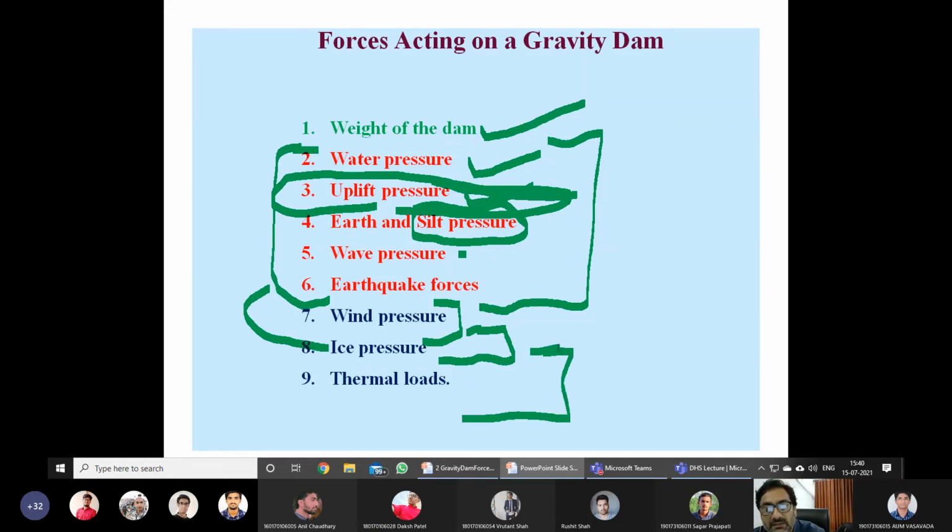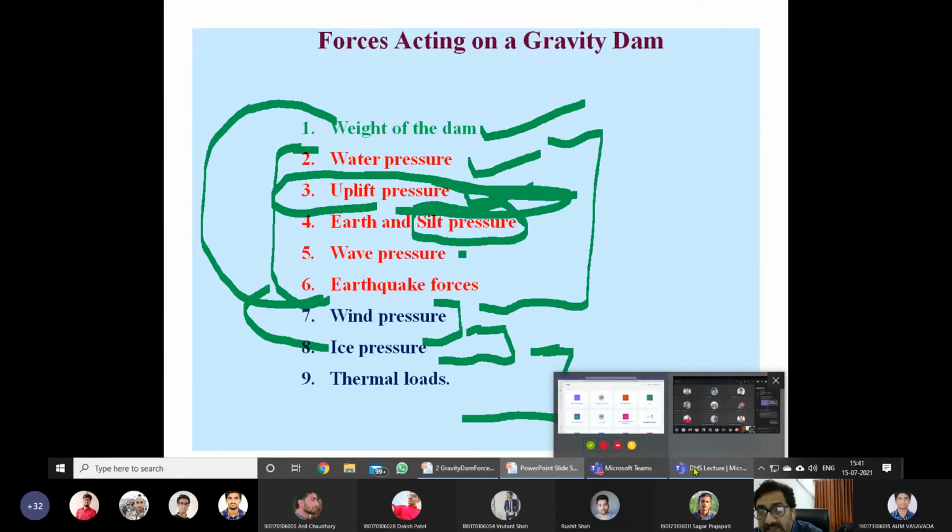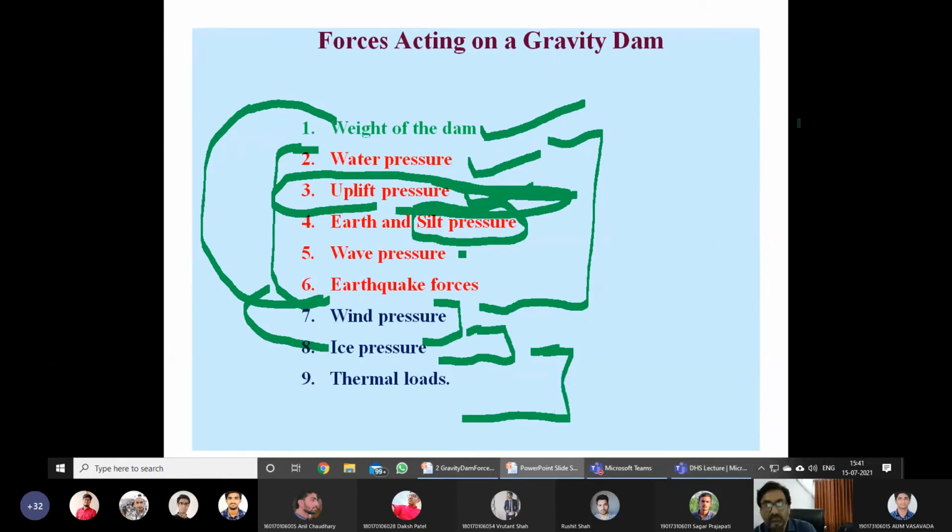So looking at the intensity of change, or the maximum-minimum temperature difference, these should be considered, but mostly are not taken into account, because they do not pose a threat if we calculate all these forces up till the sixth. So hardly does the design change because of the last three, unless one becomes more and more prominent.